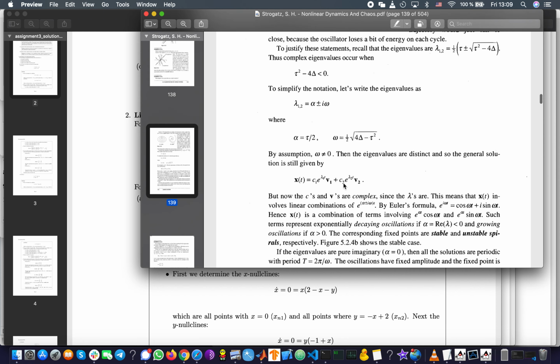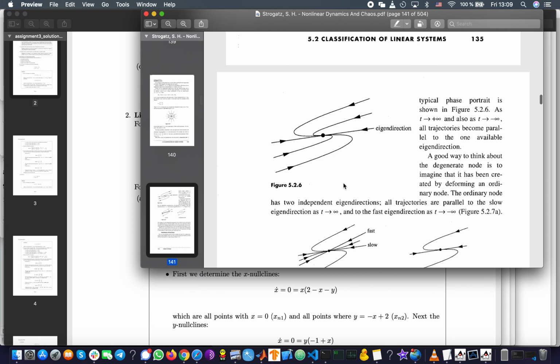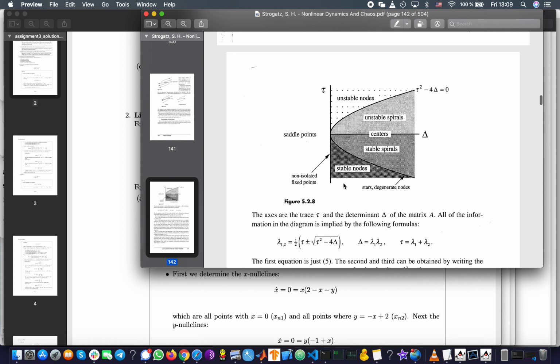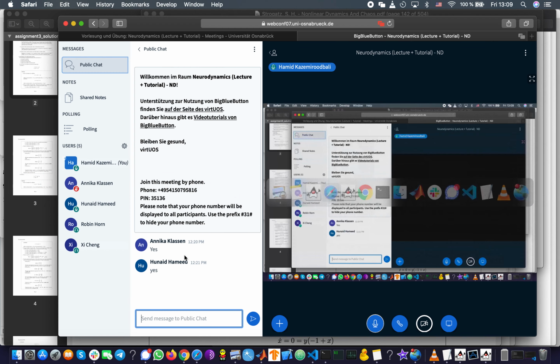Keep going. And yeah, 135. So just tell me if there's a need. Any of you remember the linear ODE in MATLAB?